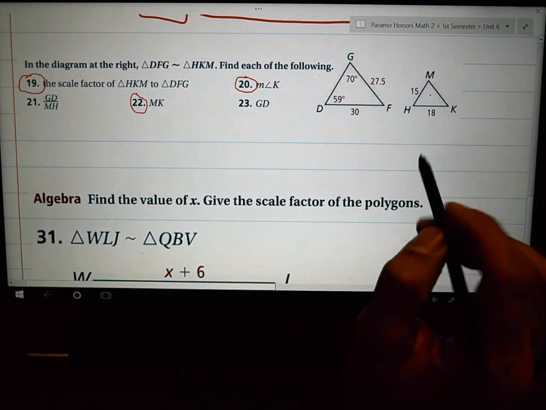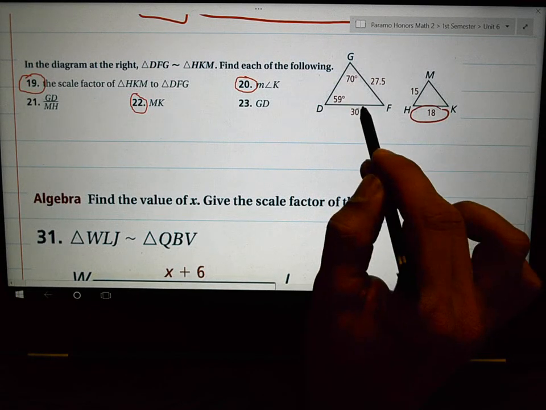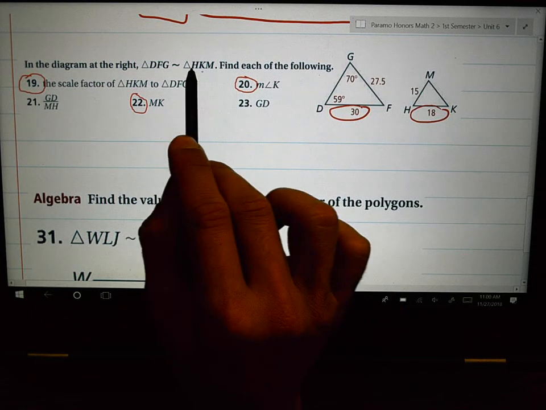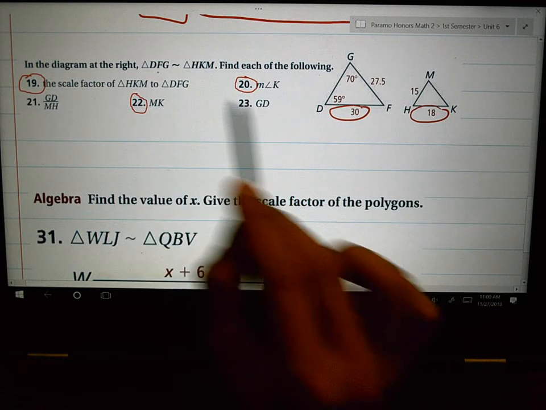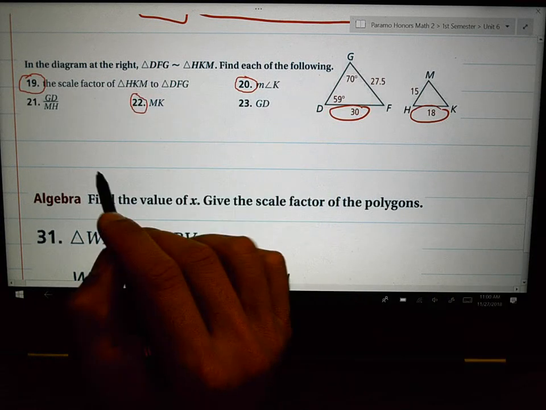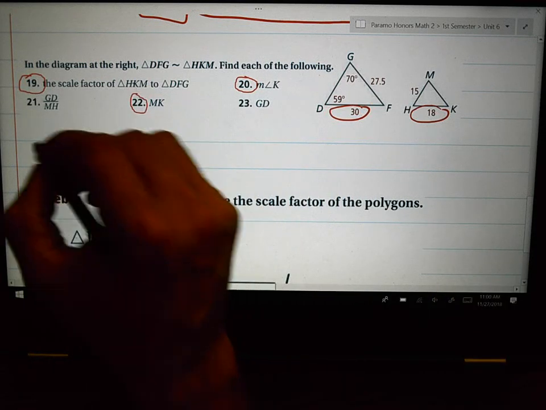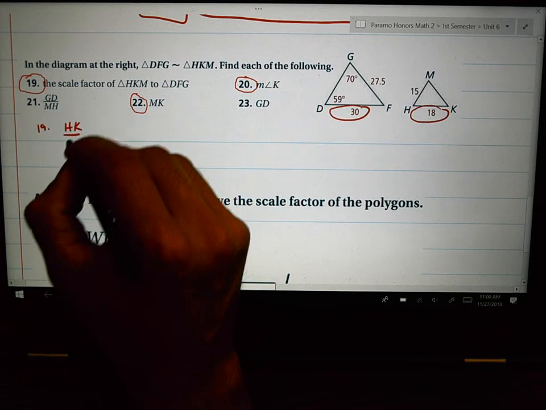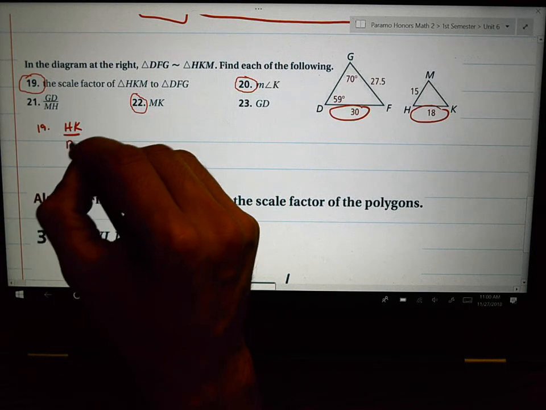And the only two sides that I know are the same as each other. HK is going to be similar to DF. HK is 18. So I'm going to put number 19 right here. HK is going to compare to DF.